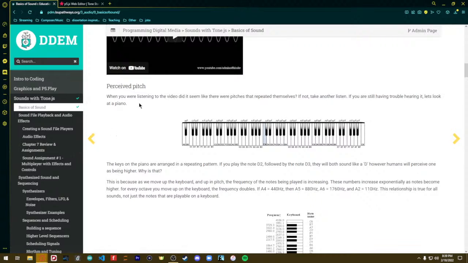Next thing, perceived pitch. Right here, I have a piano with all of the notes marked.